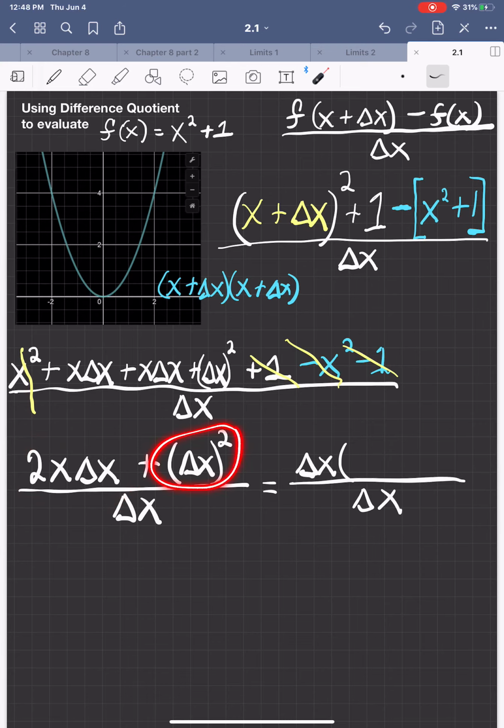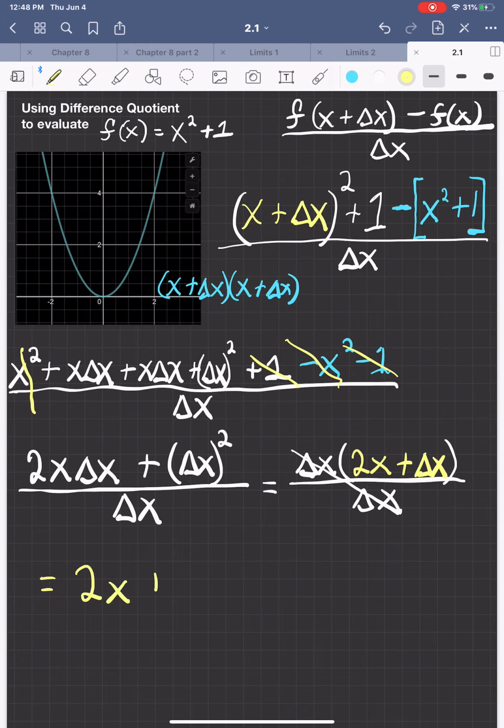And if I factor out a delta x here, I would just have one delta x left over. So this would be 2x plus a delta x. Now you see that these delta x's are going to cancel. And lo and behold, you're left with 2x plus delta x.